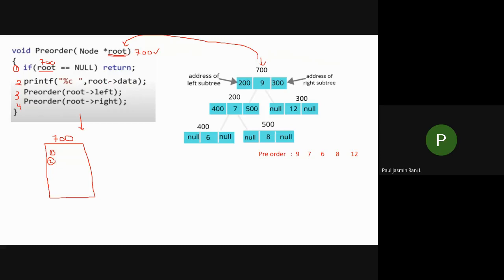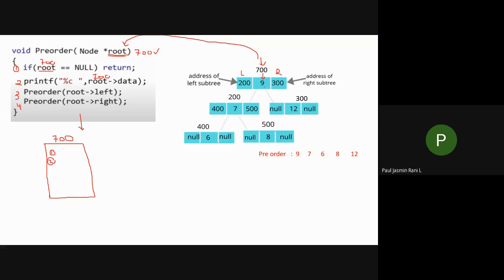So what is the root of data? That is the 700 of data. What is the 700 of data over here? I hope you remember, this is your data, this is the left child address, and this is your right child address.